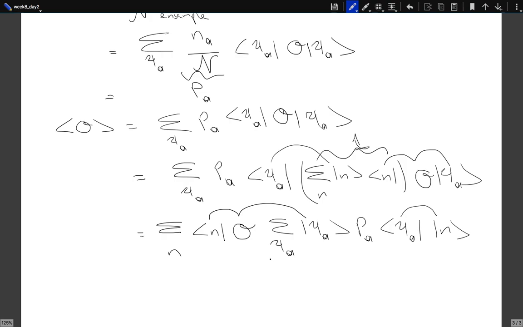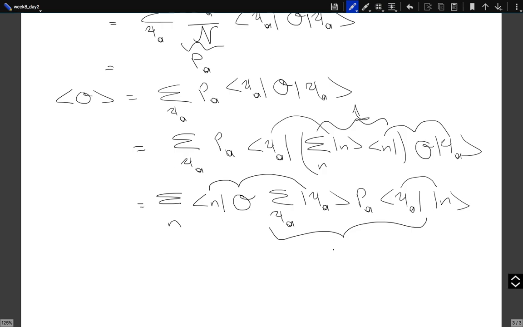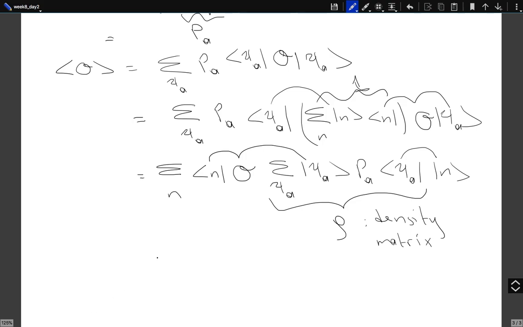Well, you see, this term over here doesn't really depend on the states n, it depends on my ensemble only. That is what I call rho. That's called the density matrix. And so in terms of this rho, the density matrix, I can write my average as the sum over n of the matrix element of O times rho.